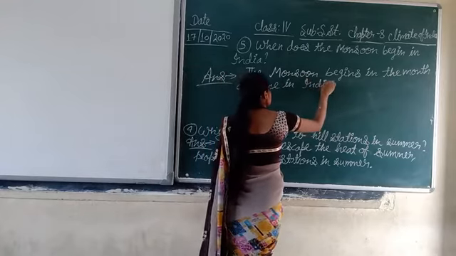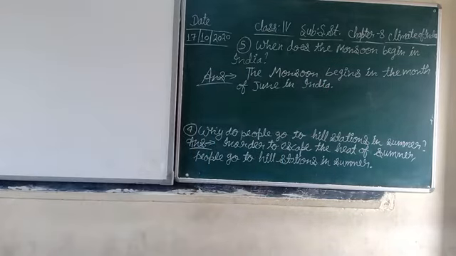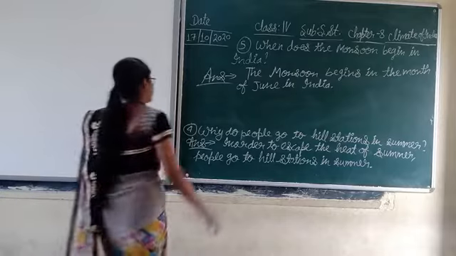This is the answer for question number 5. We have finished writing. I will read the answer one more time. The monsoon begins in the month of June in India. If you have not written, you can pause the video and write.